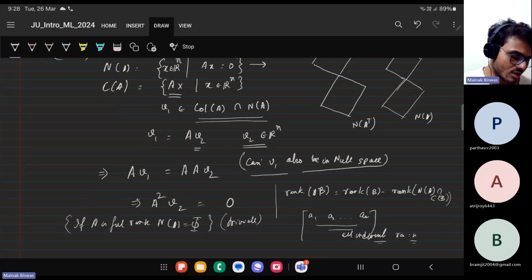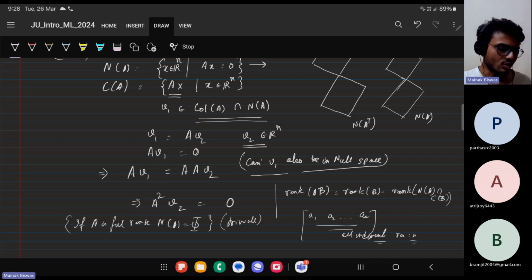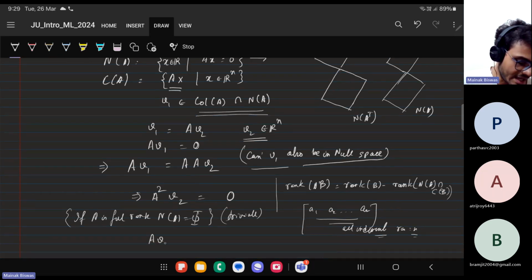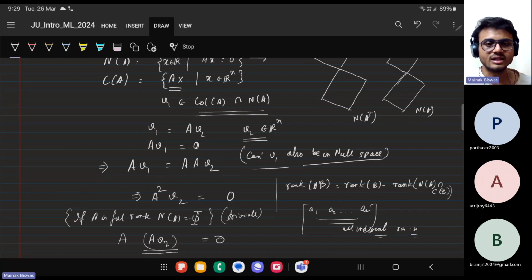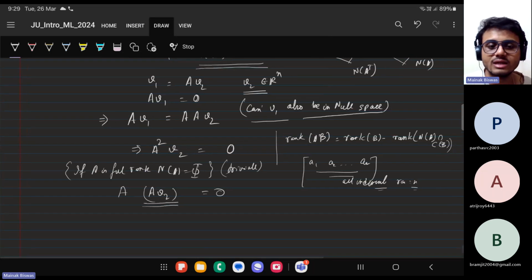So if V1 belongs to the column space of A intersection null space of A, then A V1 is equal to 0. Good. So your A V2 will be in the null space of A. So you may have non-zero elements, right?